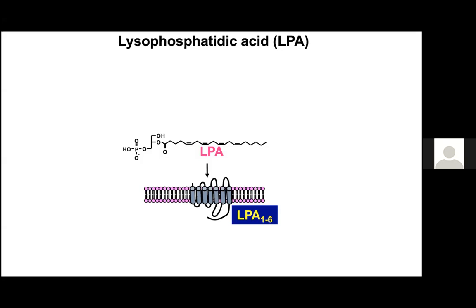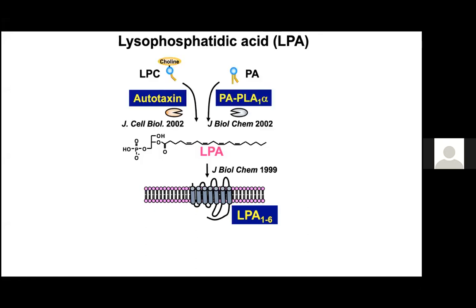In general, LPA with an unsaturated fatty acid attached to the SN2 position of the glycerol backbone is more biologically active, suggesting that some kind of phospholipase A, PLA1, is involved in the pathway of LPA production. So far, at least 2 pathways of LPA production are known.